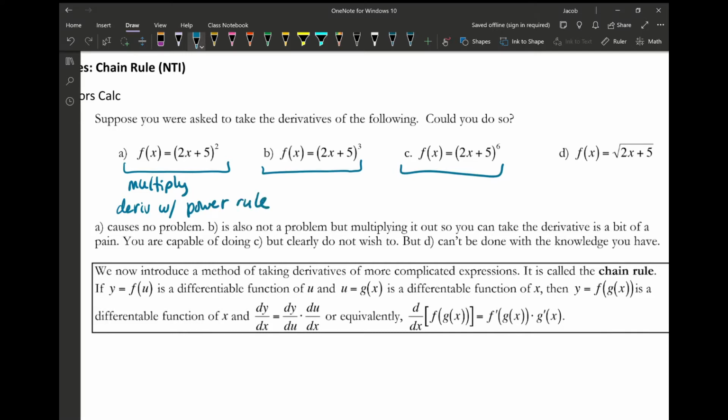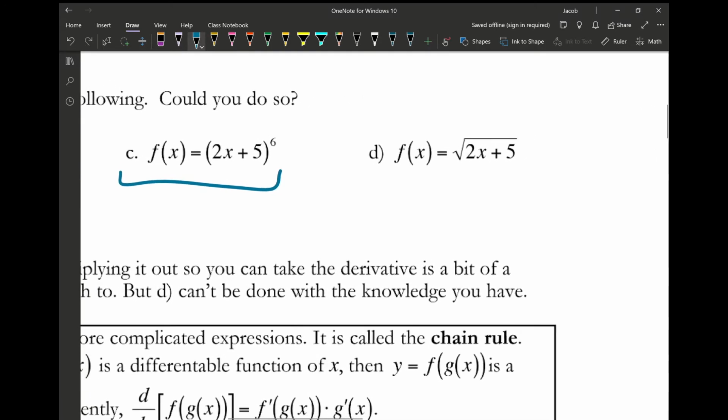That's great. So we're not actually going to do that. However, if we look at this one over here, d, sure, we could write this as 2x plus 5 to the 1/2, but we don't have a way to conceptualize what the derivative of a group is, given that that group has a fractional exponent.